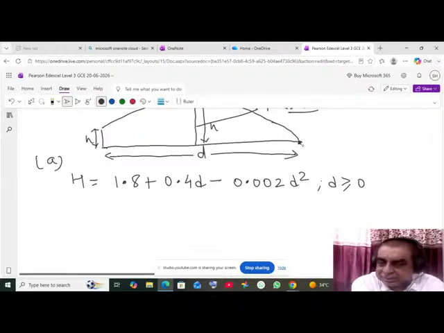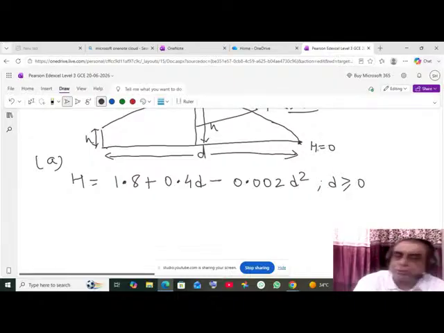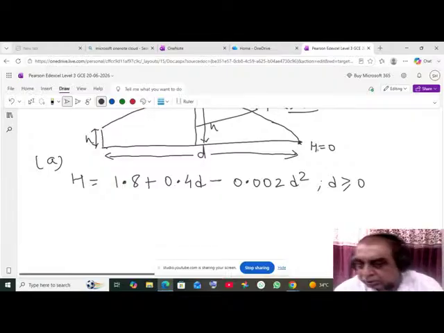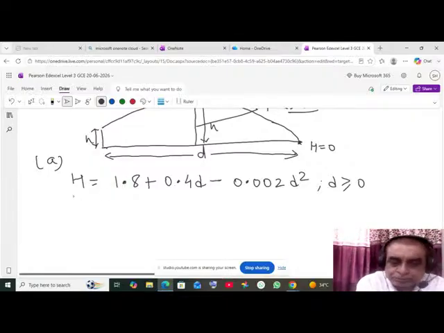So that distance is asked, how much distance the arrow has traveled from the archer before hitting the ground. At that moment, h is 0. So the vertical height of the arrow from the ground is 0, and in the place of capital H, you put 0.